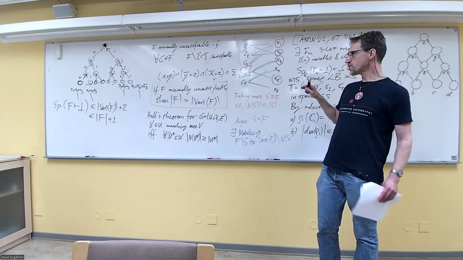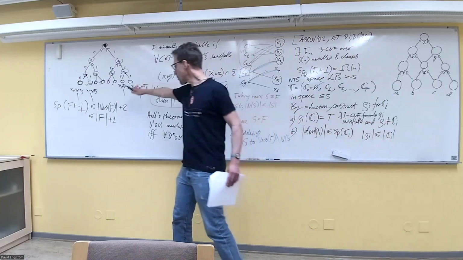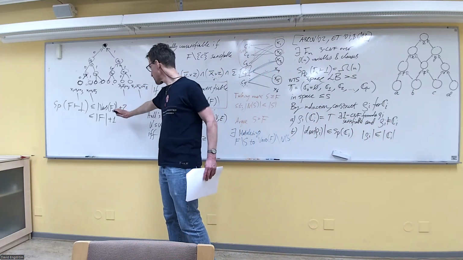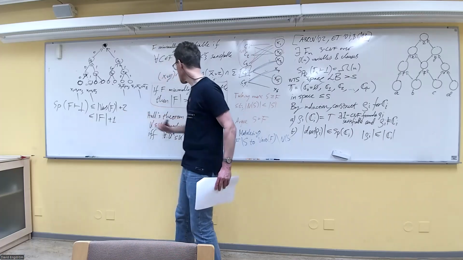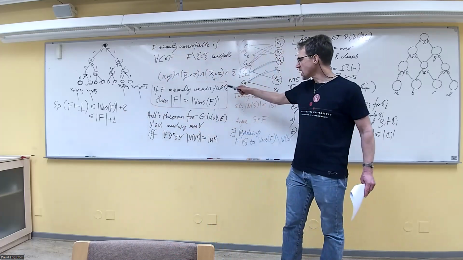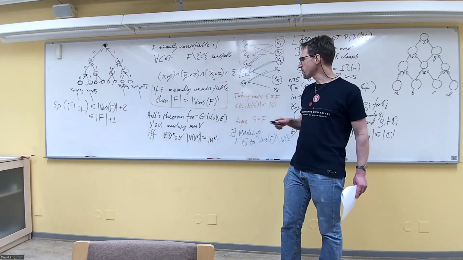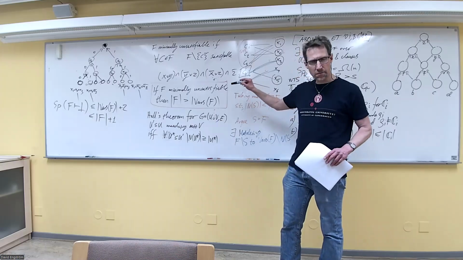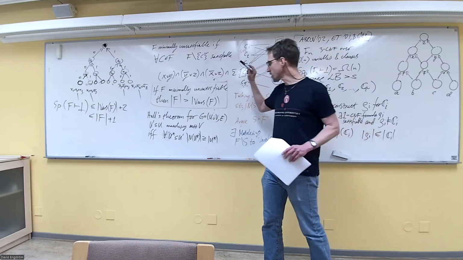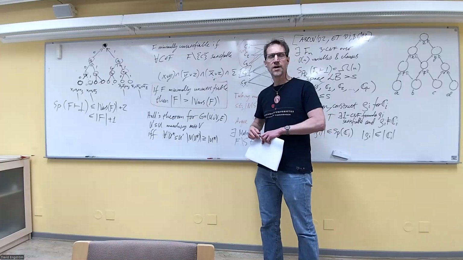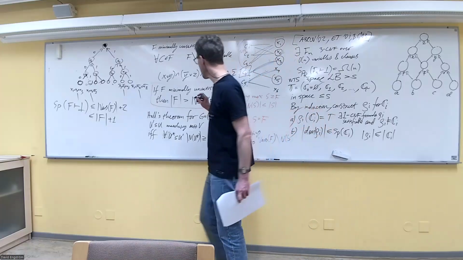What did we do so far? We hand-waved the linear upper bound on closed space in terms of variables and clauses. We did somewhat properly the proof of the fact that a minimally unsatisfiable CNF formula contains more clauses than variables. This has been reproven several times in the literature.